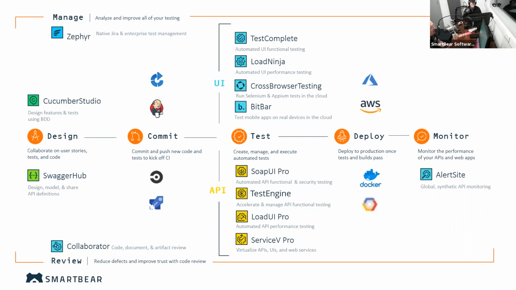Even though you might focus a lot on some of the functional testing tools within your test phase, a tool like Collaborator can easily play a part in your design phase, in your building phase, in your test phase, and also even deploying and monitoring. And the same goes for other products such as Cucumber Studio, Zephyr, Swagger Hub, etc. And that's really where it fits in our product portfolio.